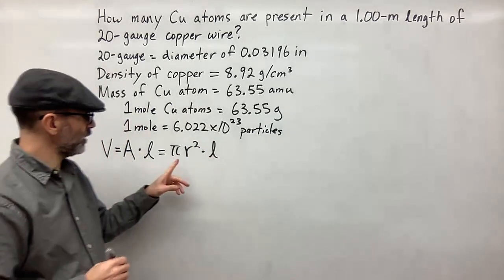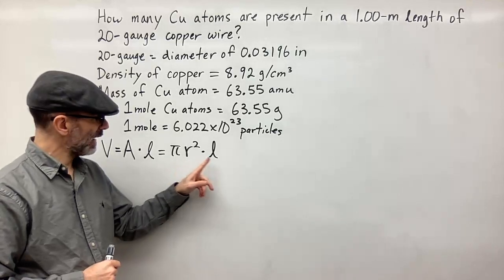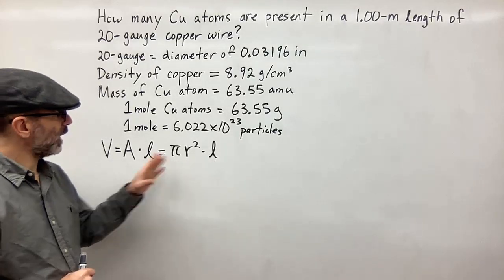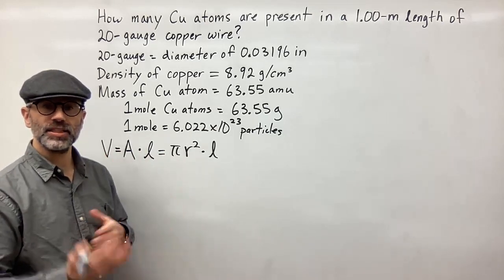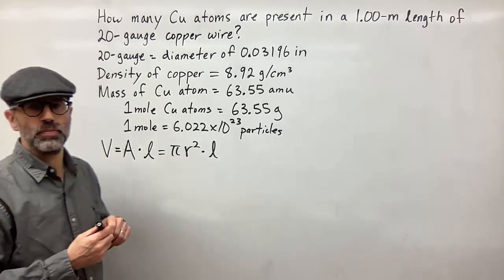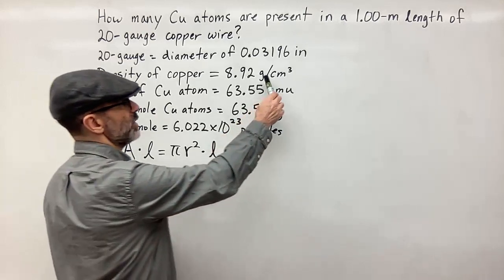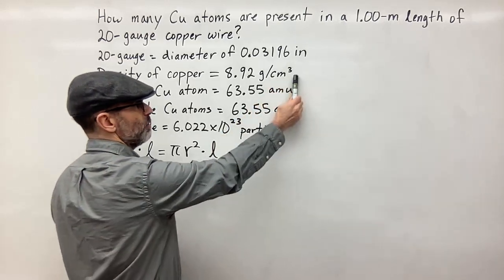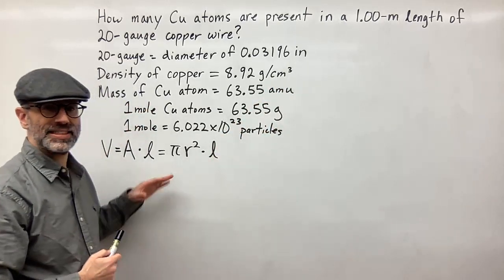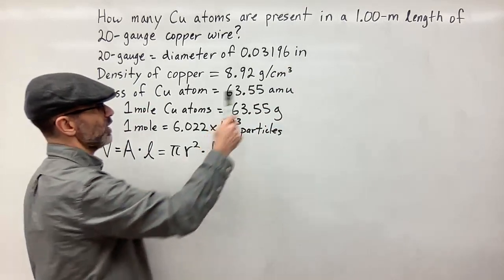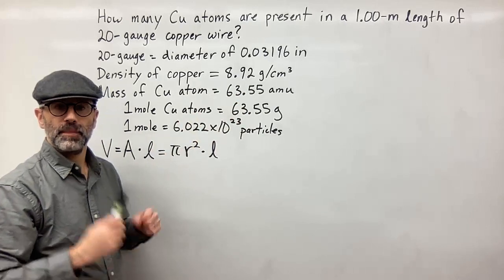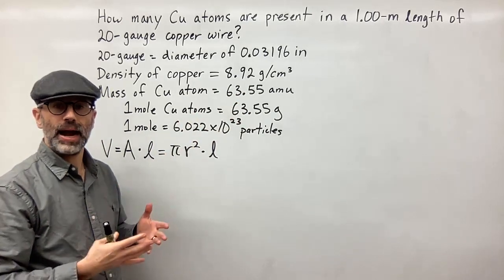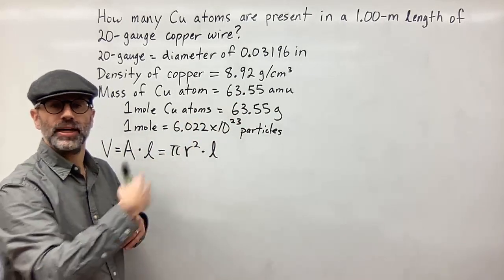Okay, so all we need to do is find the radius and the length and multiply those. To get the volume, we would need it in centimeters cubed. Why would centimeters cubed be what we want? Because we got centimeters cubed here. So if we could get centimeters cubed, then we could use this to convert centimeters cubed to grams. And then we could use molar mass to convert grams to moles, and so on.